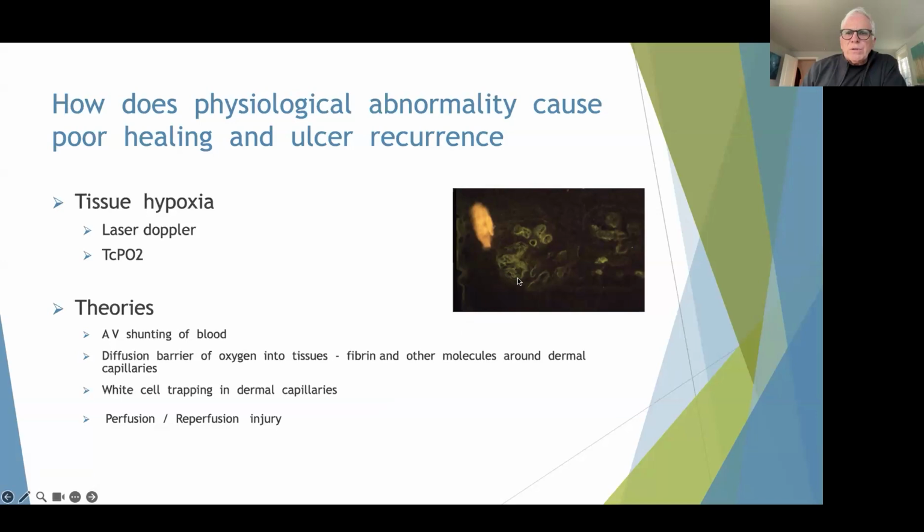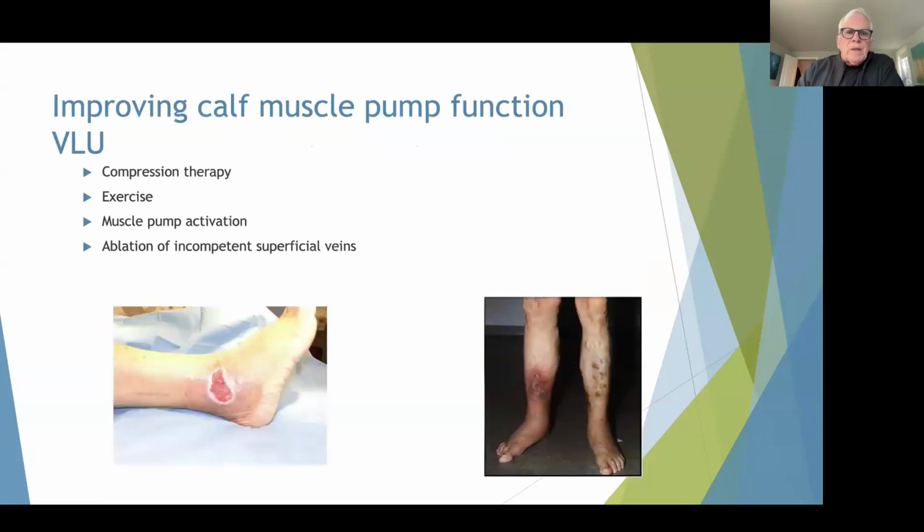So this is just showing you some fibrin deposits around the little capillaries, and it's thought that this impedes oxygenation diffusing into the tissues. There's a thought of white cell trapping in the dermal capillaries, which actually limits the amount of blood that flows through them. And there's also some thought that the perfusion and reperfusion injury impedes transfer across capillary beds as well.